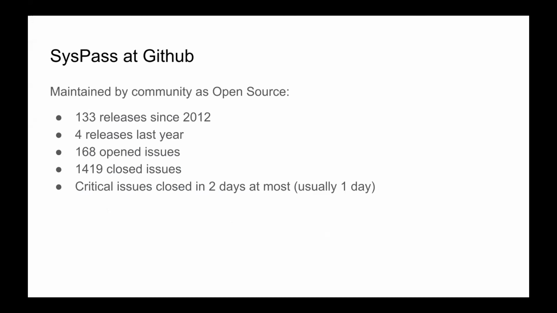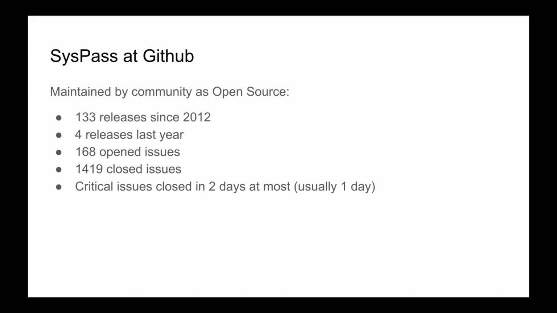It has 168 open issues and more than 1,400 closed issues. But according to the history, all critical issues, like possible XSS attacks, were closed in 2 days maximum, but usually in 1 day.